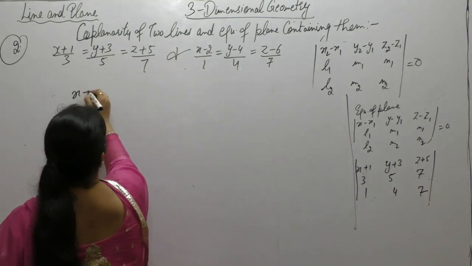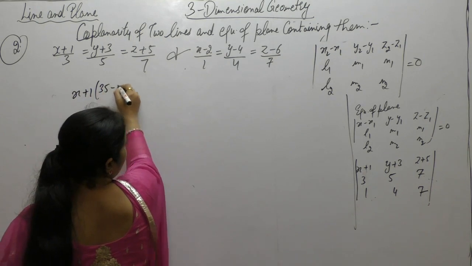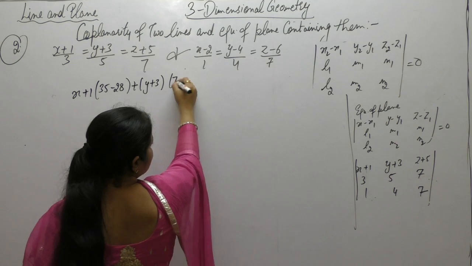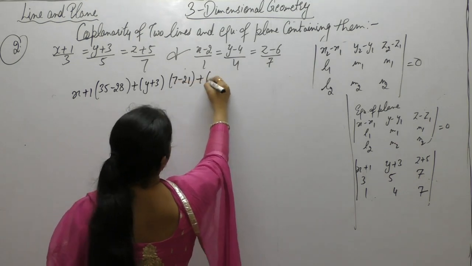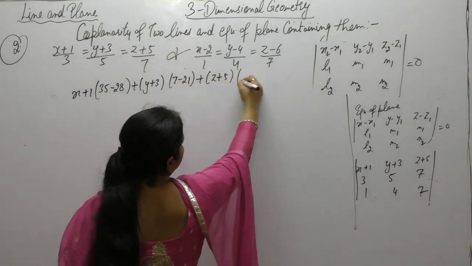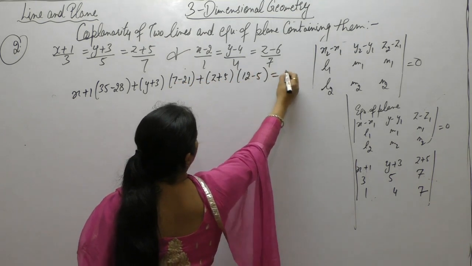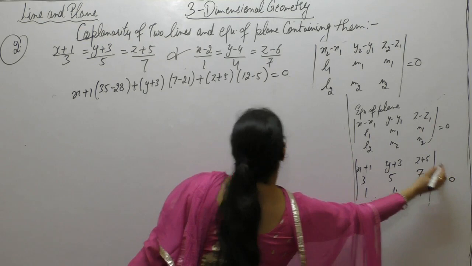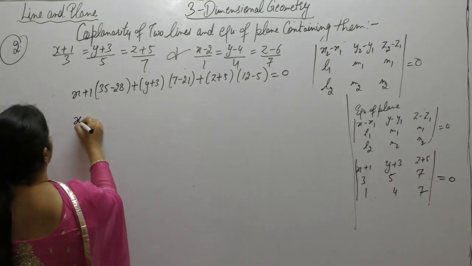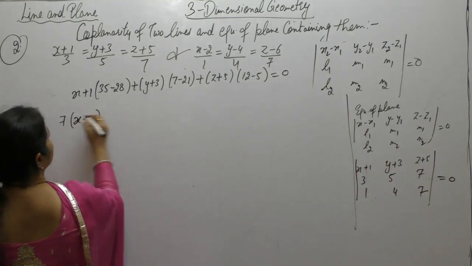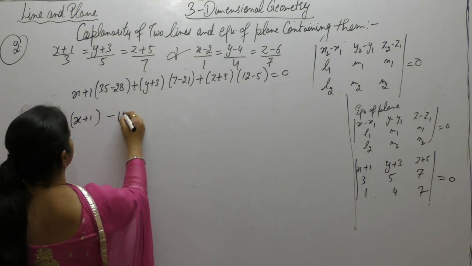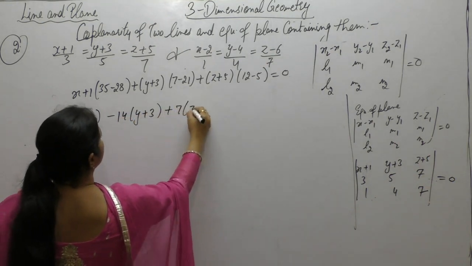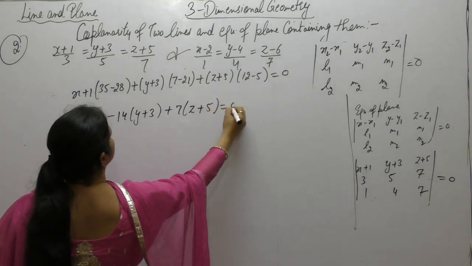(x plus 1) into (35 minus 28), (y plus 3) into (7 minus 21), (z plus 5) into (12 minus 5) equals 0. So we get (x plus 1) into 7, minus 14 into (y plus 3), plus 7 into (z plus 5).